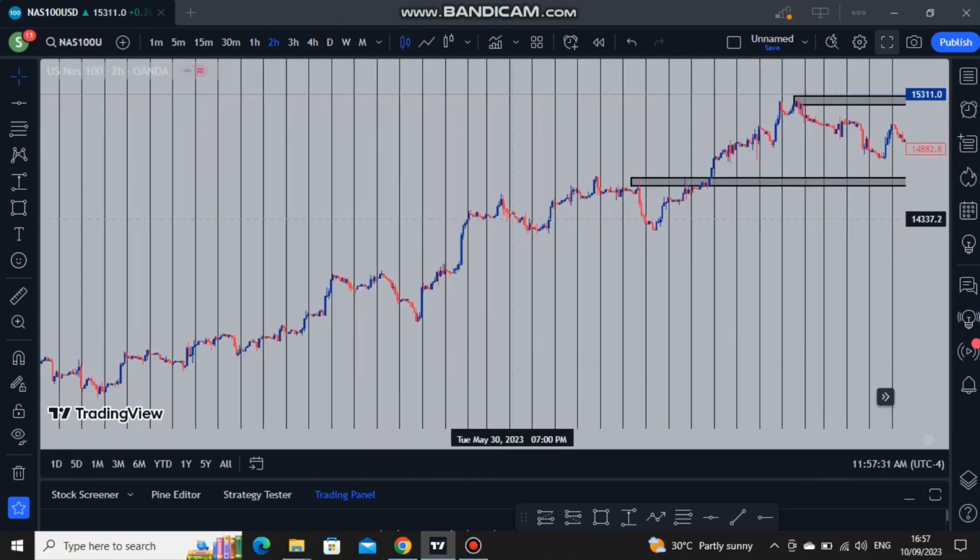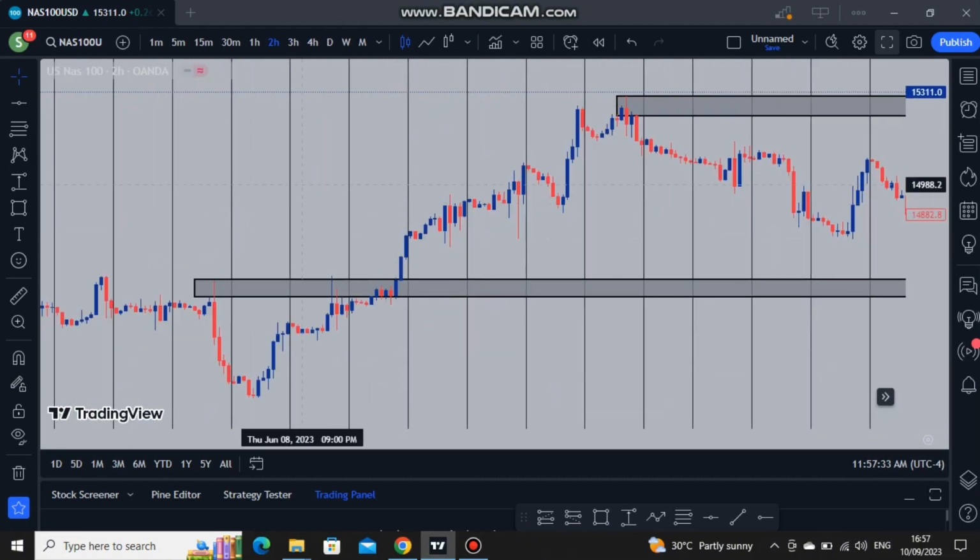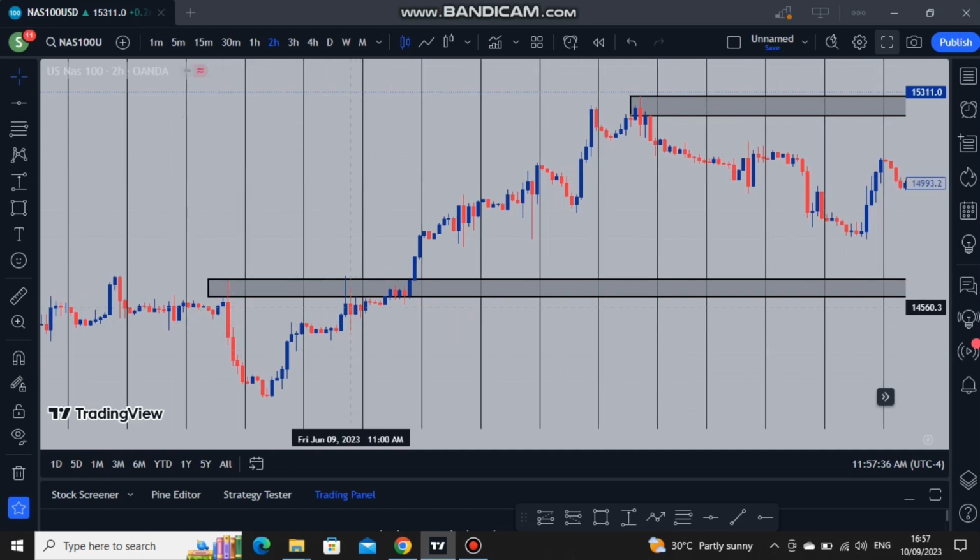You see that immediately the next day the market came to this zone at 9 a.m. This is the 7 a.m. candle, and this is the 9 a.m. candle. It sold for how many points? This is 100 points. With this, you should be able to take at least 50 points before the market retraces back.